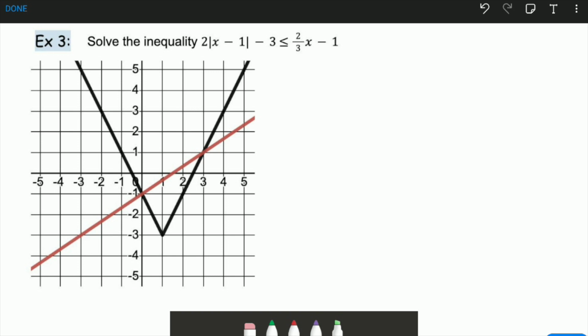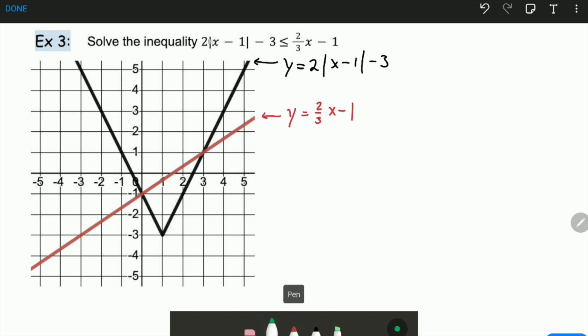We have one absolute value and one linear piece, which means the absolute value, which is graphed in black, that V shape, is going to correspond to our absolute value function. The one in black is my y equals 2 absolute value of x minus 1 minus 3. And then the one in red has to be the other one, which is y equals 2/3 x minus 1.